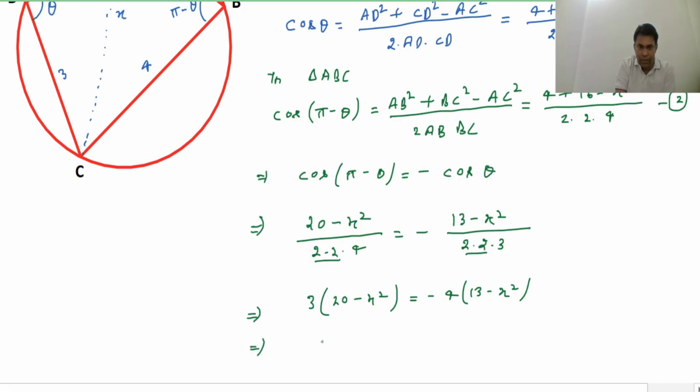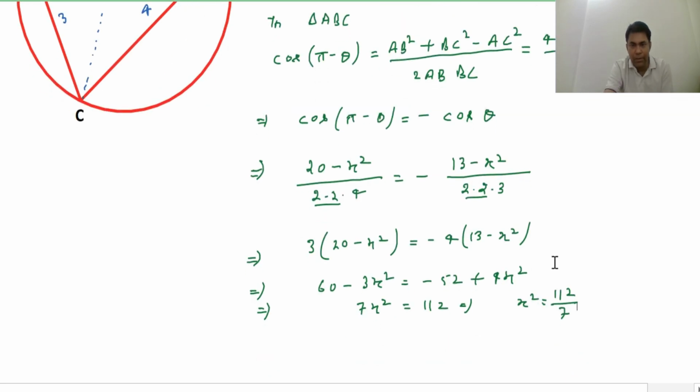Further, we will write 60 minus 3x square is equal to minus 52 plus 4x square. Further, 3x square plus 4x square will become 7x square is equal to 112. Further, we will have x square is equal to 112 divided by 7.